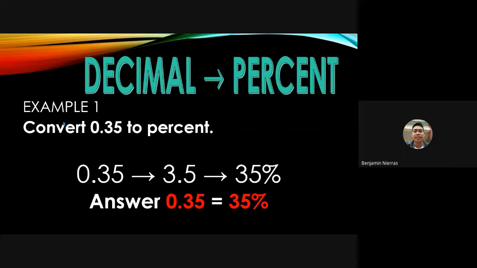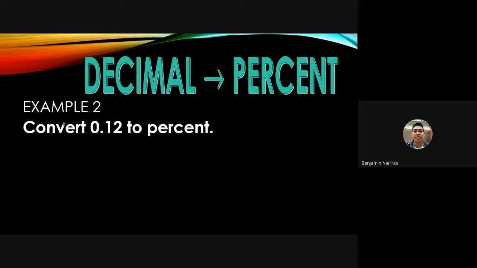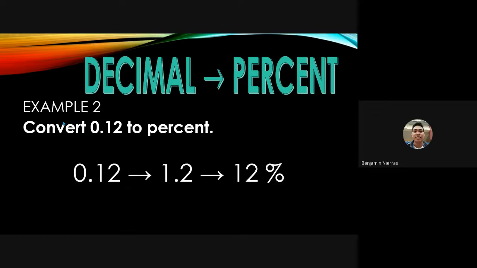What else? Example number 2: convert 0.12 to percent. Just copy the given and then multiply by 100, or simply move the decimal point to the right by two places. The decimal point in the given is between 0 and 1. Moving it to the right of the number 2, the answer is 12.